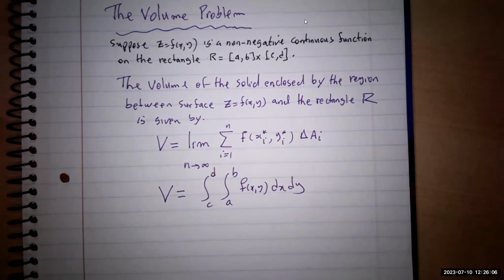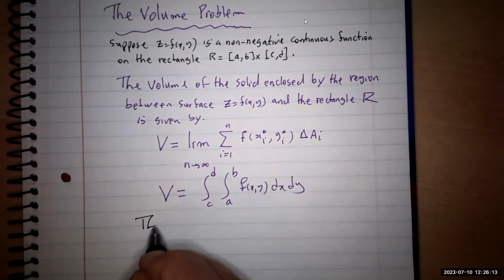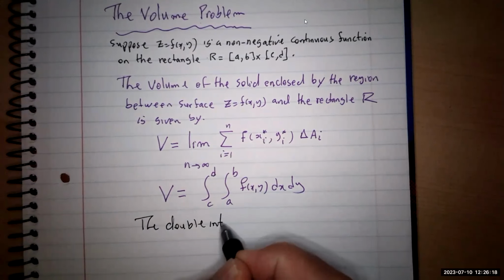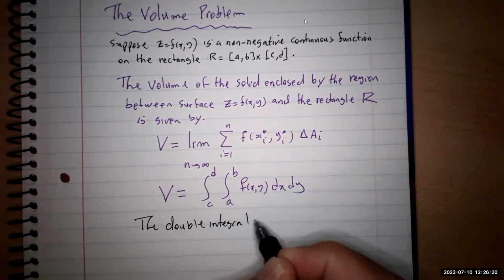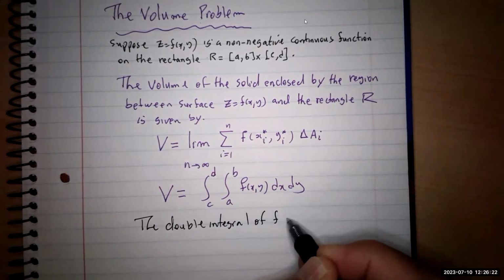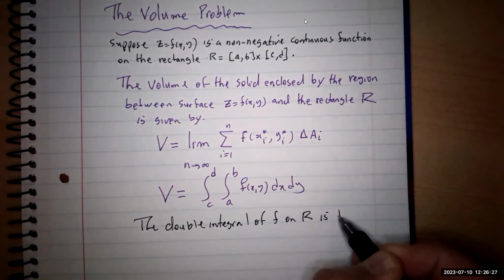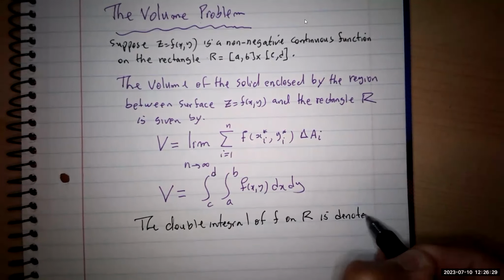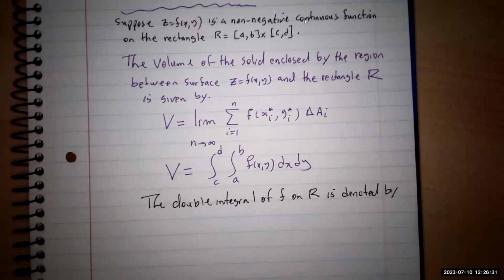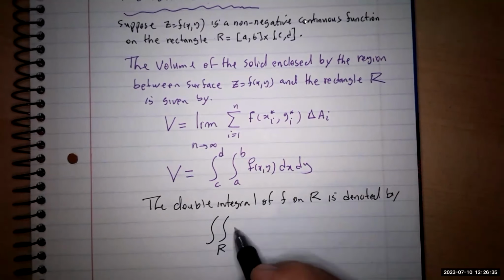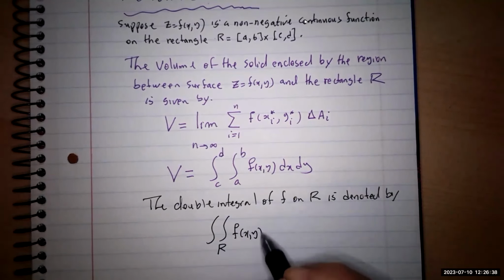As you can see, the double integral can be defined by the volume that you have. So the double integral of f on R, the rectangle, is denoted by, this is the way we write it down, we put the R here, f of x, y, dA.